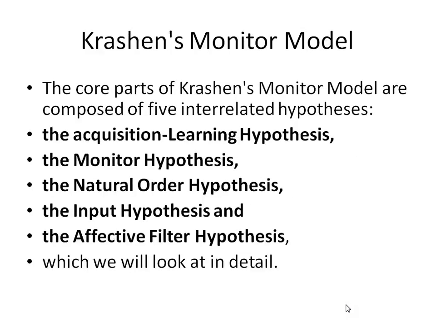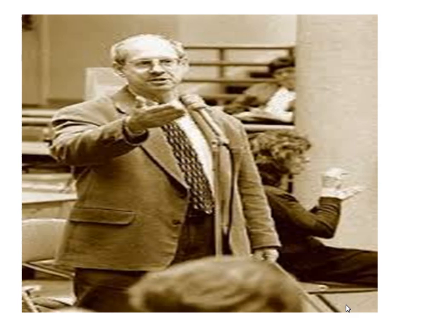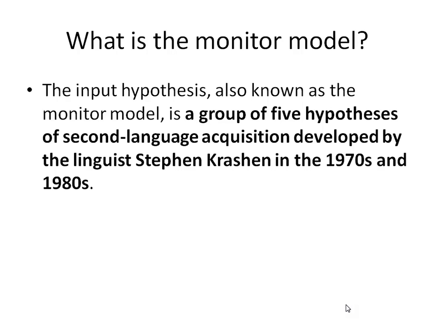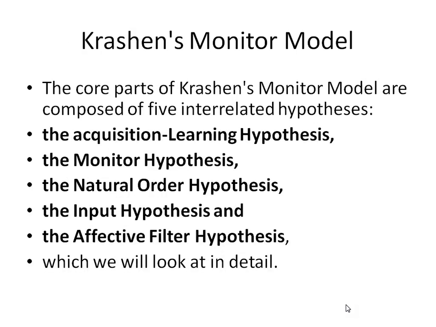So, if we summarize the idea, Stephen Krashen, Professor Emeritus of Education, proposed 5 hypotheses in case of language learning. First one is the acquisition and learning hypothesis: acquisition is the subconscious way of language learning, and learning is the conscious way of language learning.